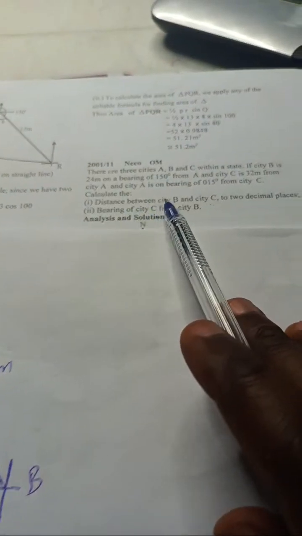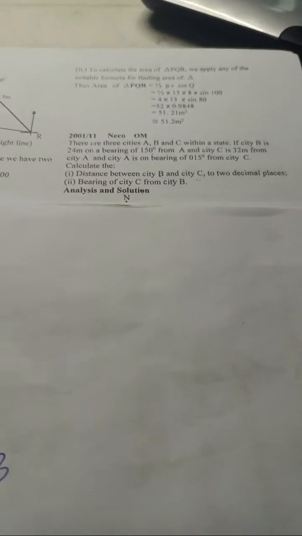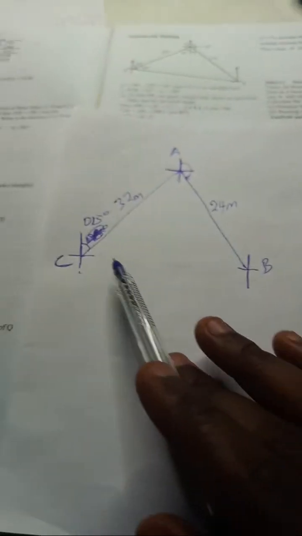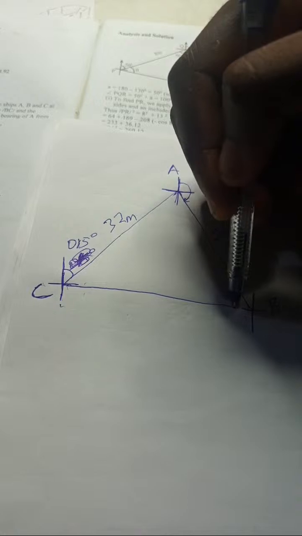So we have to calculate the distance between city B and city C to 2 decimal places. Between B and C, what is their distance? Let's rule first. Okay, we rule like this.